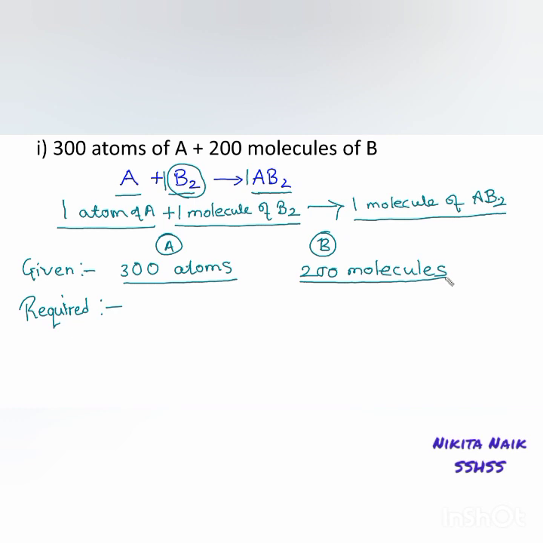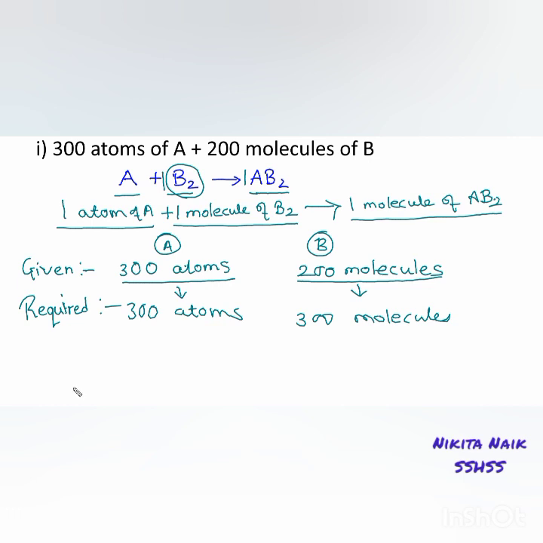Now, as per the required amount, if 300 atoms of A are there, then how many molecules should be present? For one atom, there should be one molecule of B2. So for 300 atoms, there should be 300 molecules of B2.